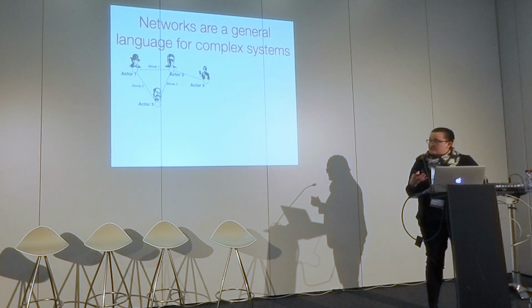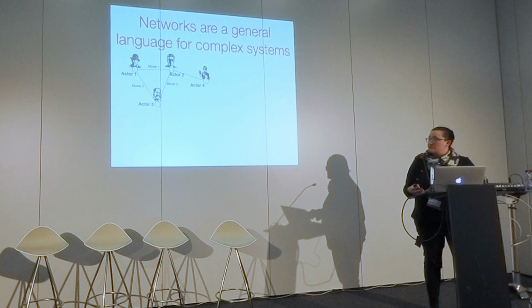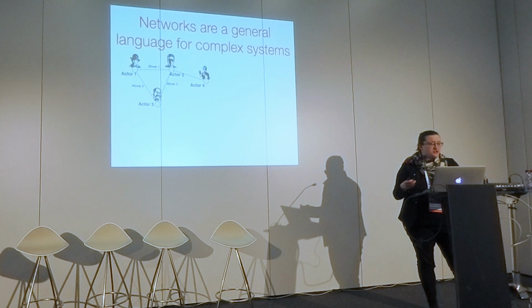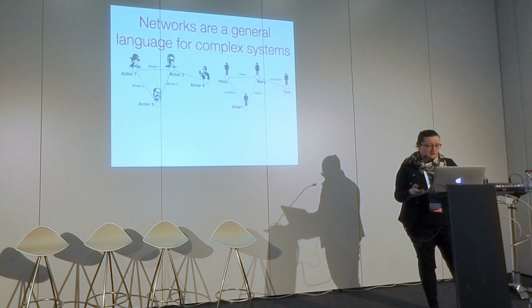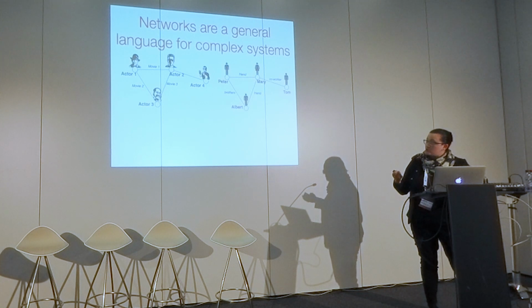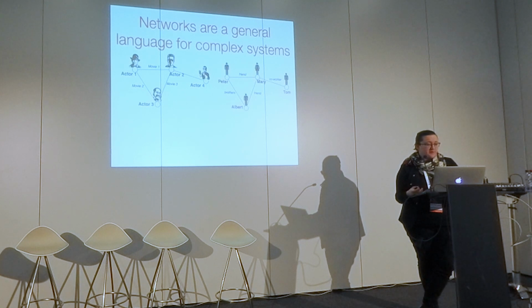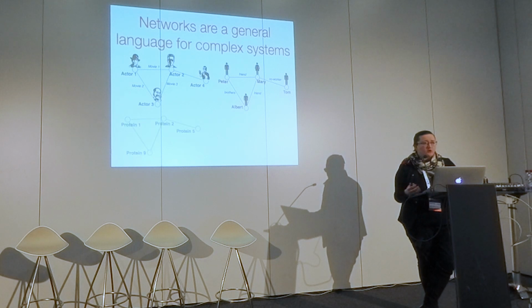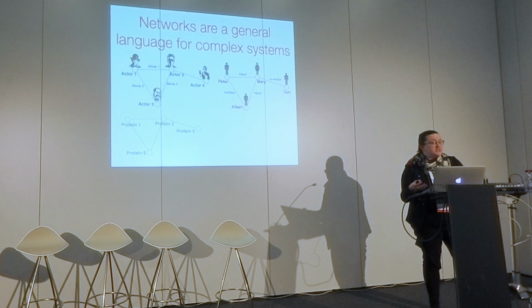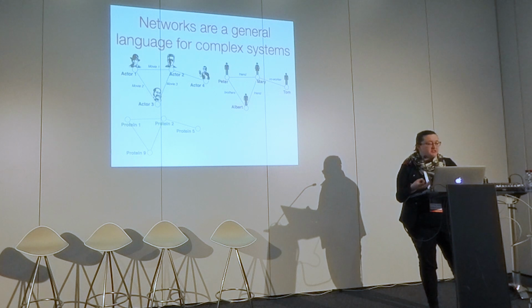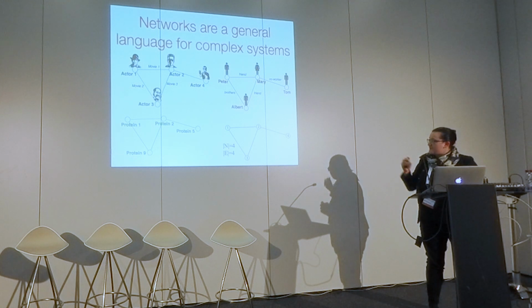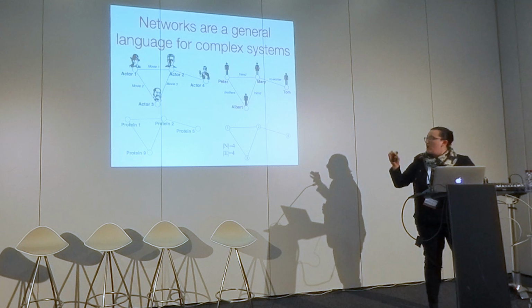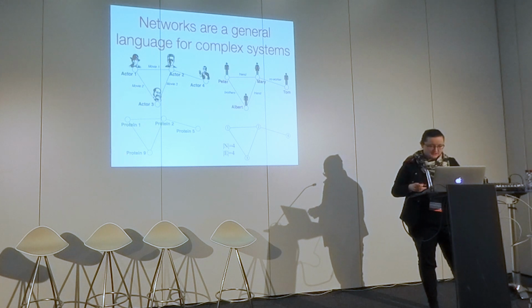We can use the same mathematical machinery to describe, for example, relationships between actors in the sense of who appears in the same movie with whom, and also friendship relationships, or in a completely different domain, how proteins and molecules in the human body interact with each other. Underlying these three very different examples is the same mathematical object, which in our case would be this very simple toy graph on 4 nodes and 4 edges.